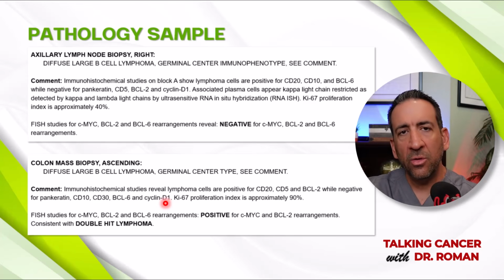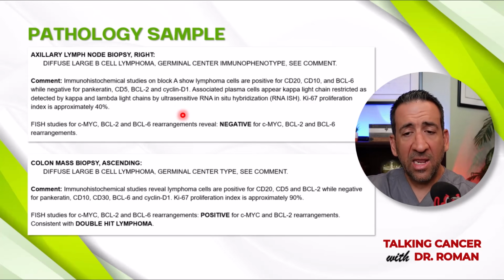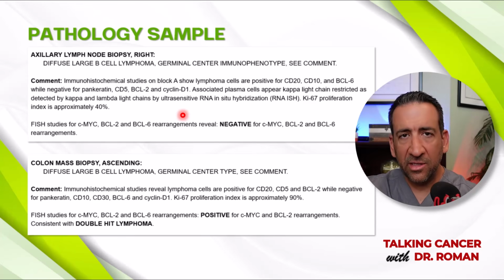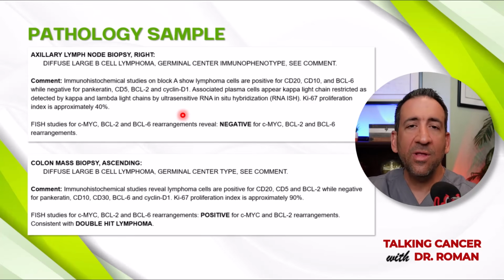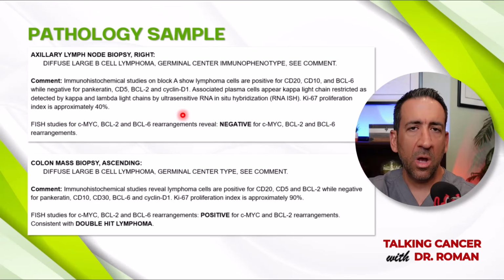Well, what if I tell you that if you pay attention in this video, towards the end, you will be able to interpret these pathology reports and understand them. And if you think that is not the case, then you know what? Accept my challenge. Watch this video and I guarantee you will understand it, because at the end of the video, I'm going to refer back to these two pathology reports and we are going to go over them in detail. So if you have had a biopsy, find your pathology report so you can follow along.